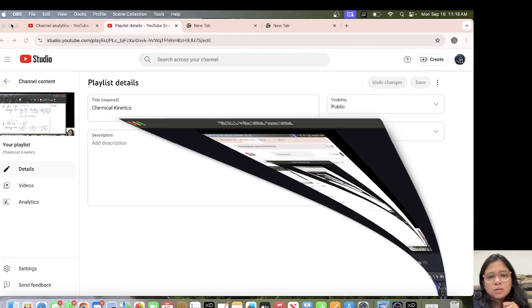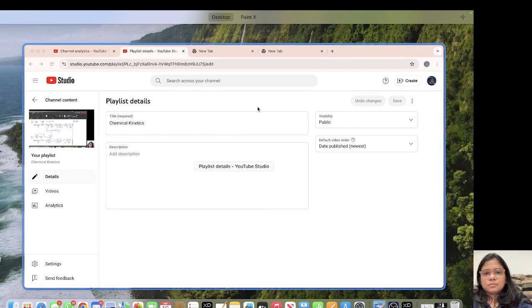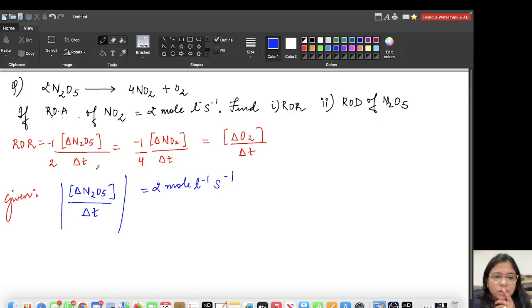So this is given to us as 2 moles per liter second inverse, right? Just substitute it here.